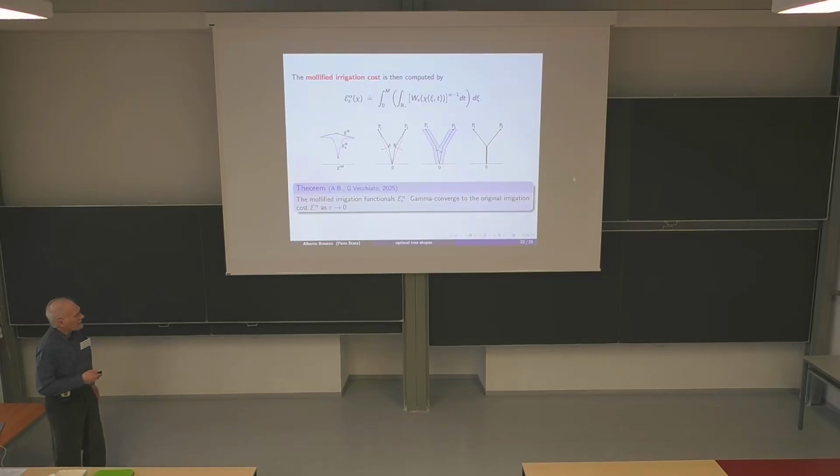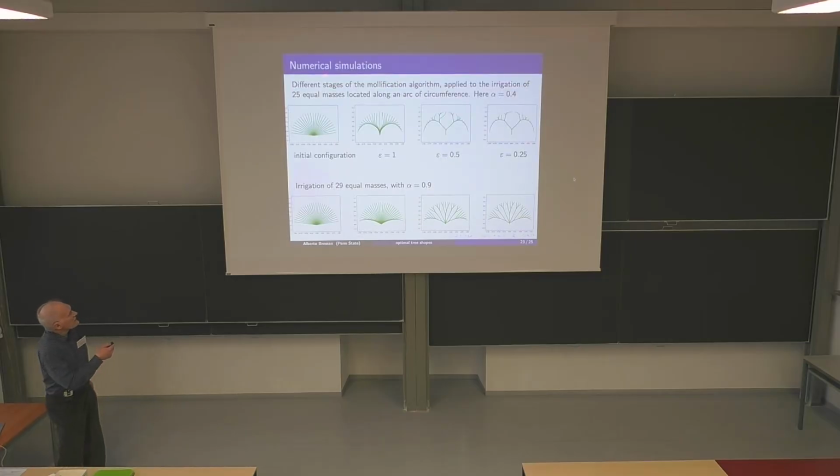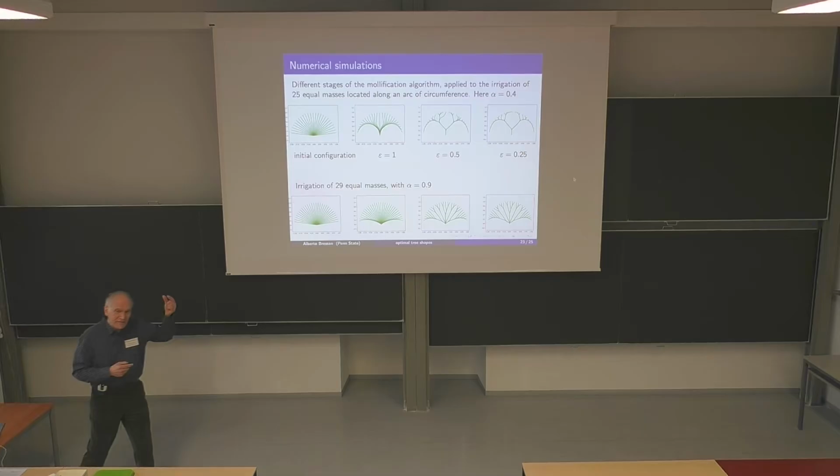Okay? So I just conclude showing some numerical simulation done by Giacomo Vecchiato. So let's say I start with this initial configuration. If I take epsilon equal to 1, then they tend to come together, but not that much, because if they have a distance epsilon from each other, they already get the discount.